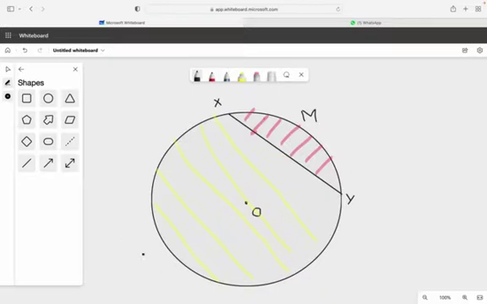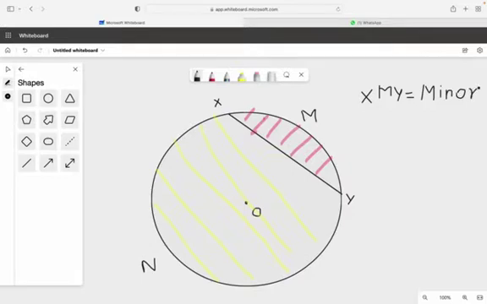M and N, yeah? X, M, Y is the minor segment. I'll just write it as MINOR.